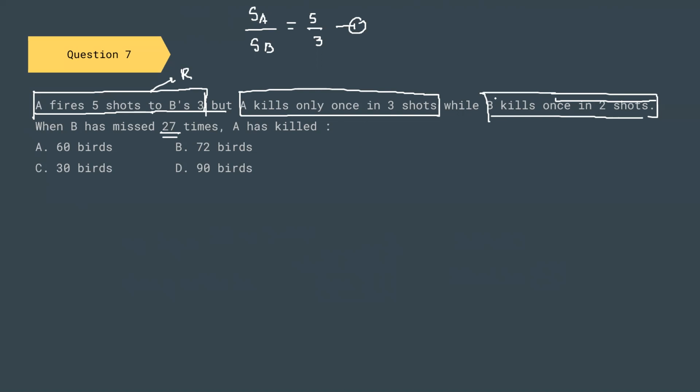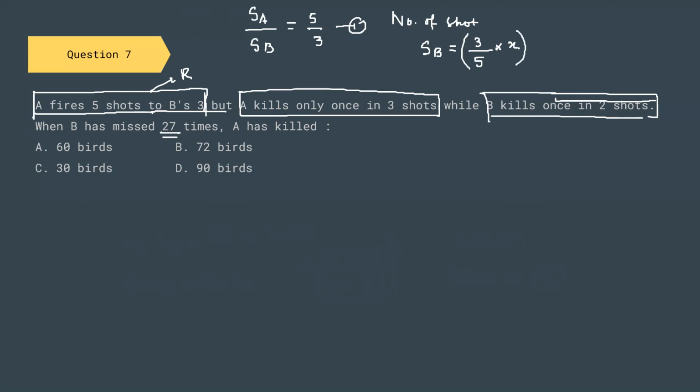There is another thing they are saying, that B kills once in 2 shots. So we can say from this ratio that the number of shots taken by B will be SB equals 3 by 5 into X. This is the number of shots taken by B.